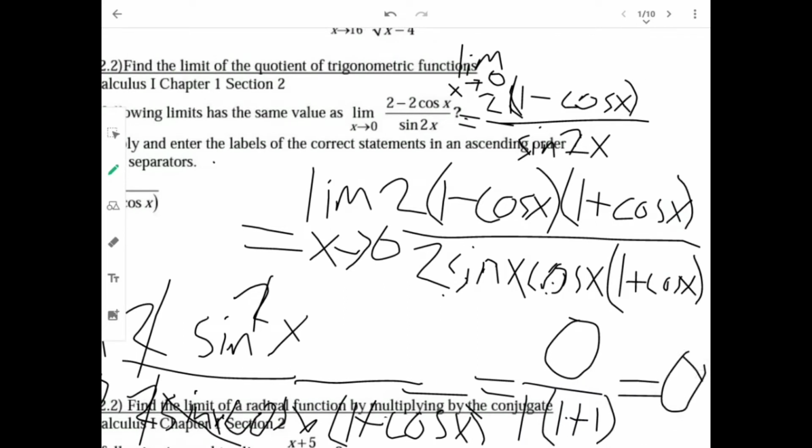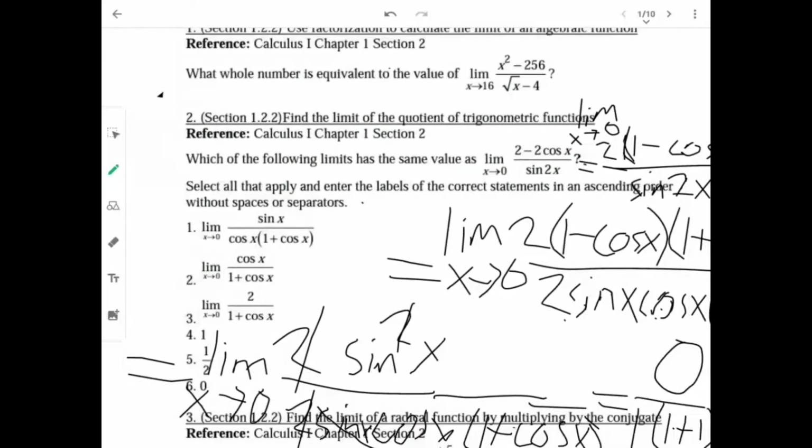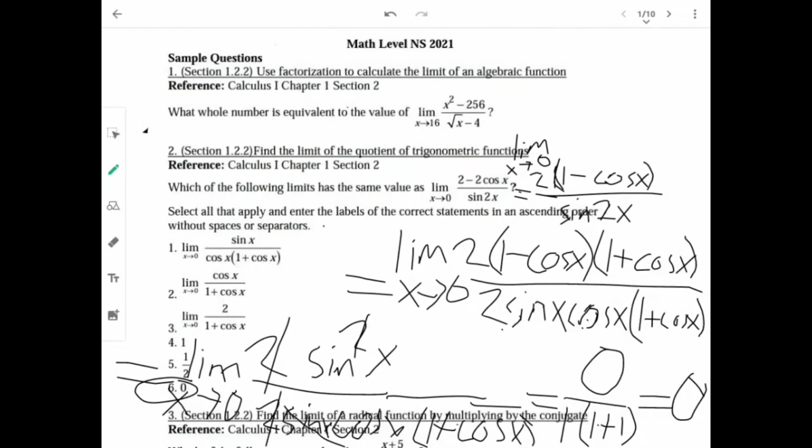So now you have to check the options and see which one fits the description. So obviously number 6, and then you check these. So 2 over 1 plus cosine x, it doesn't correspond with any of the ones we have over here, so this is out.